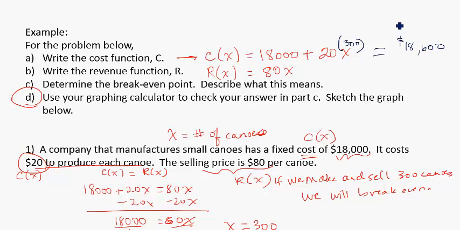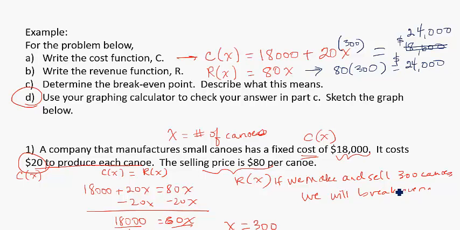My bad. 18,000 plus 20 times 300. That makes more sense. I was about to panic because my numbers weren't going to match. So that's going to be 24,000. And if I come in here and I substitute 300 here, it also gives me my 24,000.